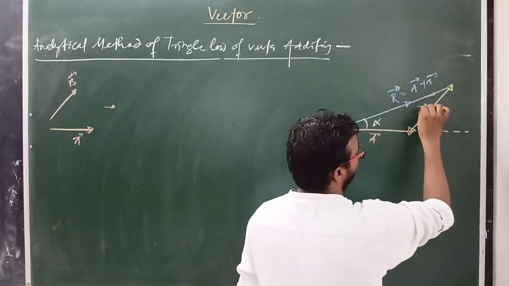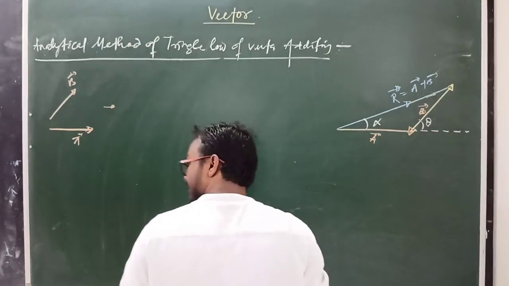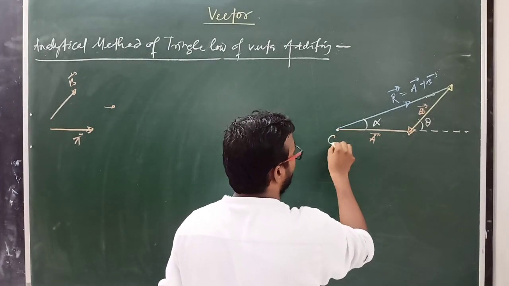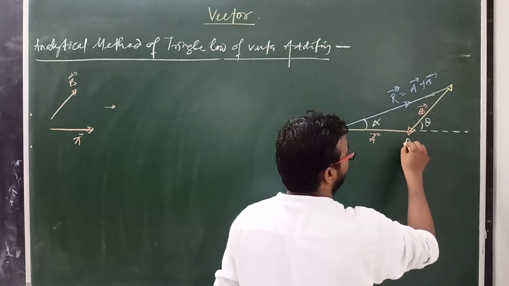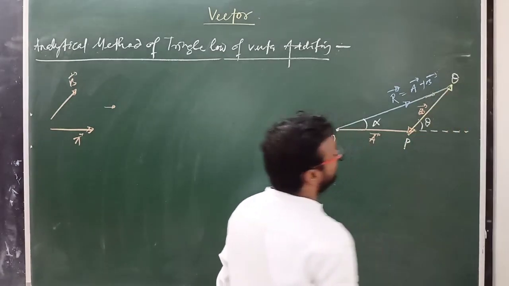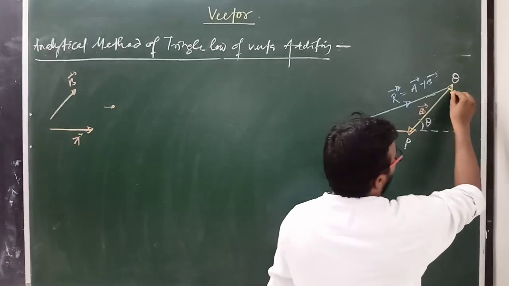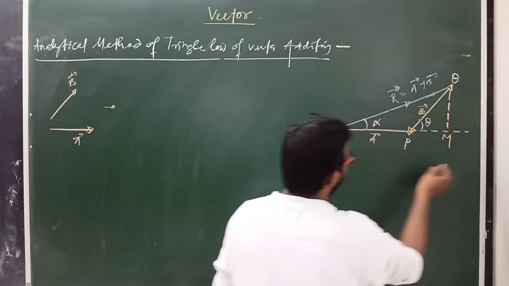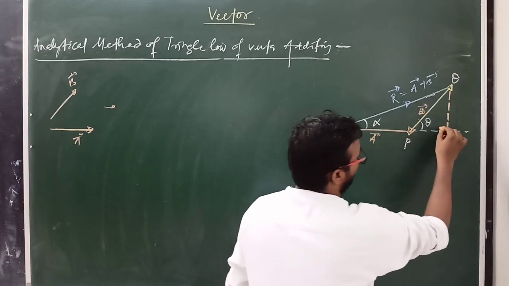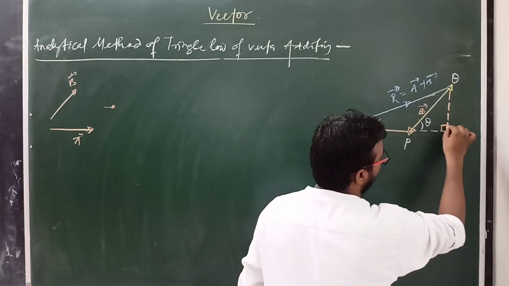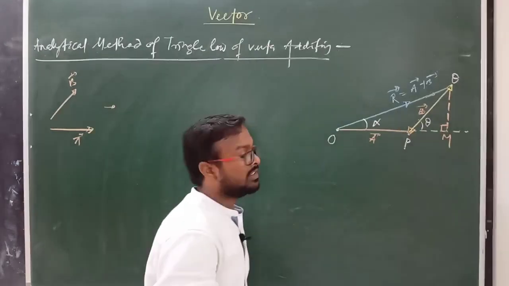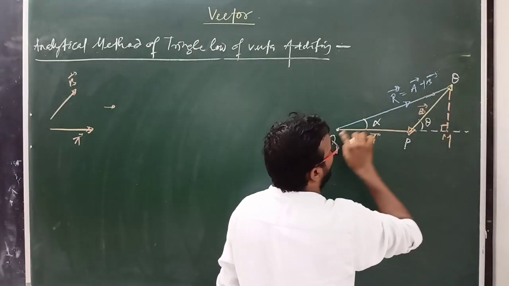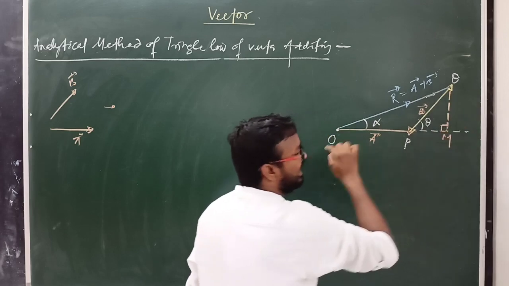Suppose this point is, I am taking here point O, this point P and this point Q. Now draw a perpendicular QM which meets OP vector at point M at right angle. So OQM is a right angle triangle.